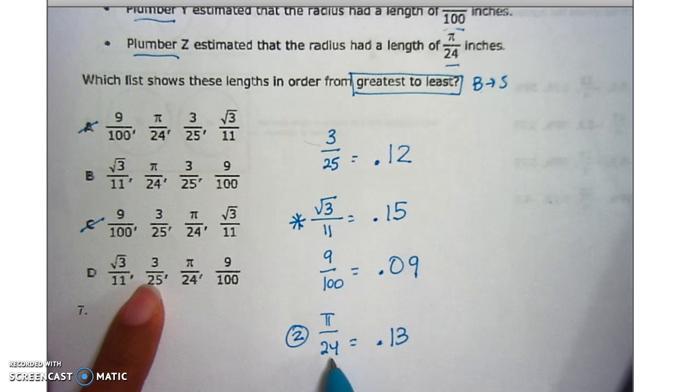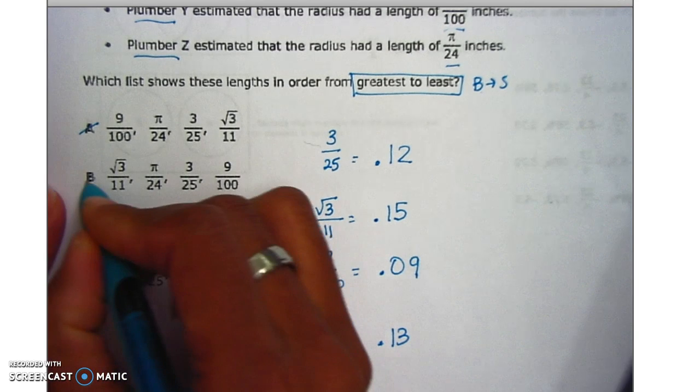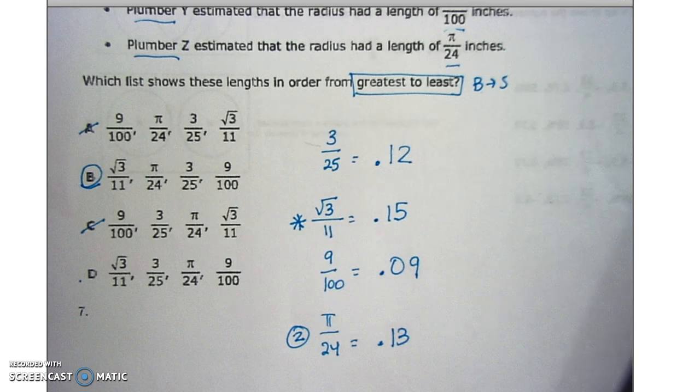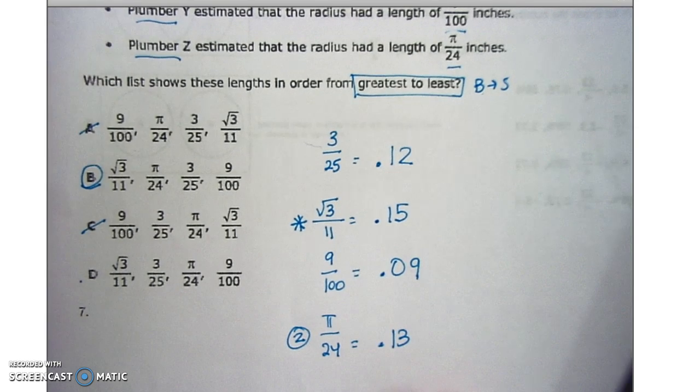So because this does not have pi over 24, that cannot be the right answer choice. So it has to be B. You have to write every single thing down in order to guarantee you get the correct answer.